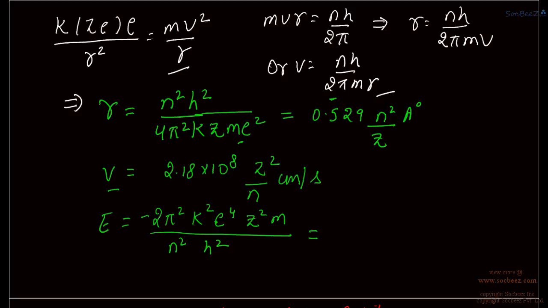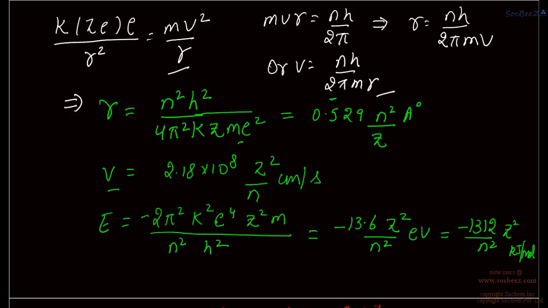Or if we put the value of constants, we get the value of energy as −13.6 Z²/n² electron volt, or −1312 Z²/n² kilojoule per mole.